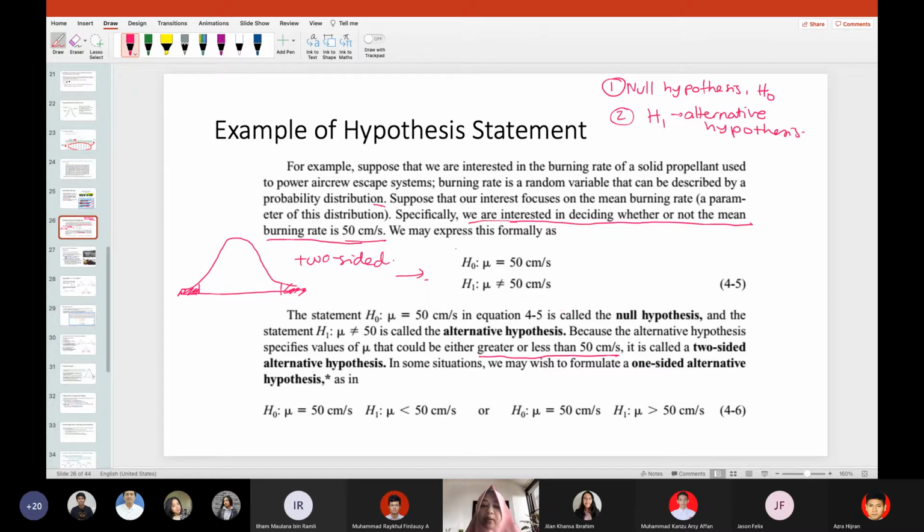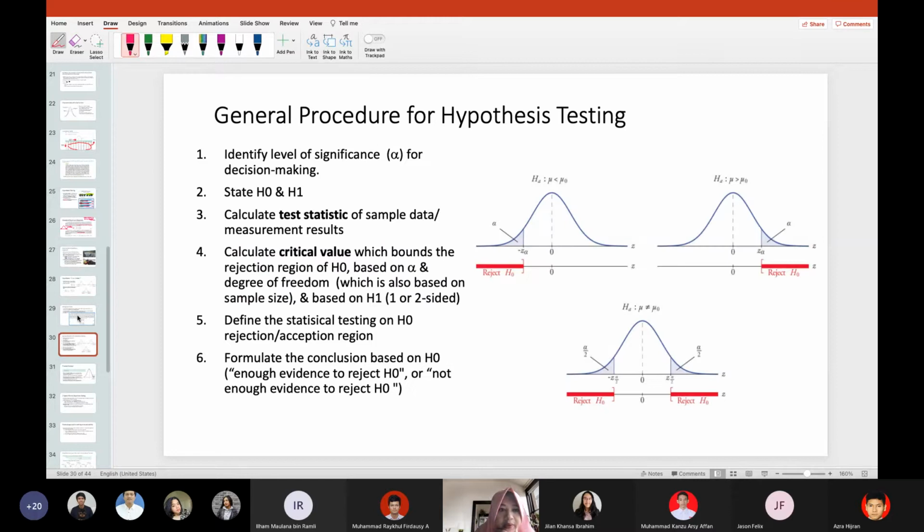How do we now test whether our hypothesis lies in this area, for example for the Z distribution? Then we will need more information, for example the sample mean and the standard deviation, and then we check with the Z whether it lies in that area or not. Let me check if we have the procedure over here.